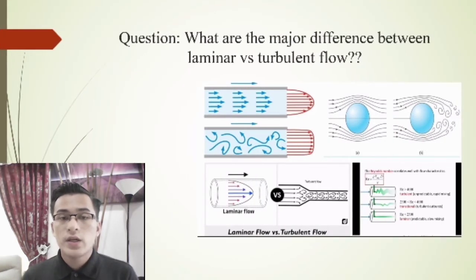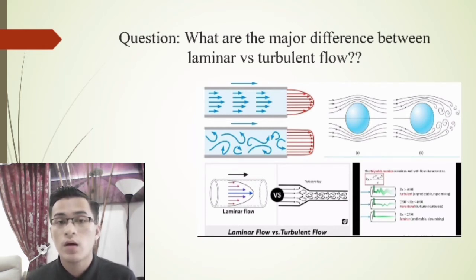So my question about laminar and turbulent flow is, what are the major differences between laminar and turbulent flow? As you can see in this picture, this is a transition between laminar and turbulent flow.